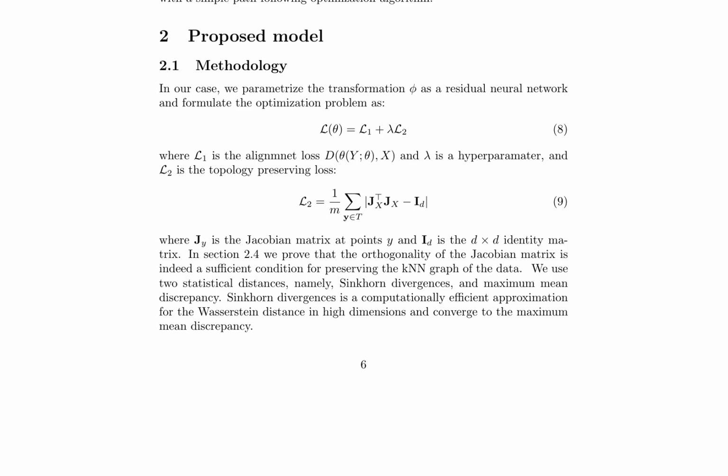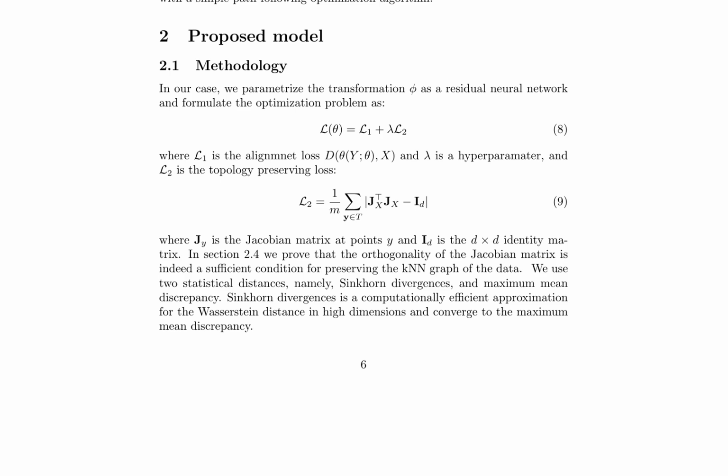this issue. The proposed model parametrizes the transformation phi as a residual neural network and formulates the optimization problem as a combination of alignment loss L1 and topology preserving loss L2, weighted by hyperparameter lambda. The alignment loss measures the distance between the transformed point cloud and the target point cloud, while the topology preserving loss ensures the preservation of the nearest neighbors, kNN-Graph of the data.